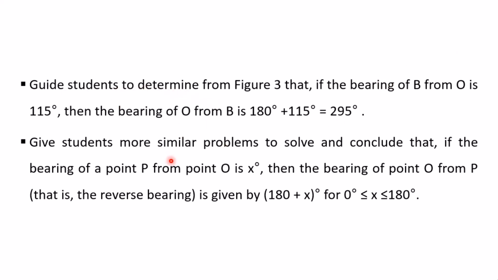So you can give your students more similar problems to solve and conclude that if the bearing of a point P from O is S degrees, then the bearing of O from P, that is the reverse bearing or the back bearing, is given by adding 180 to the angle we had initially, S. So when you add 180 to that S, you get the back bearing, and this should be when your angle is between 0 and 180 degrees.